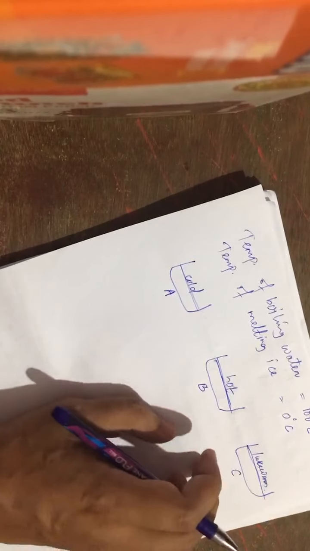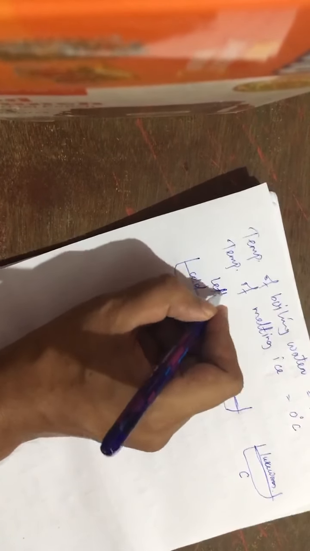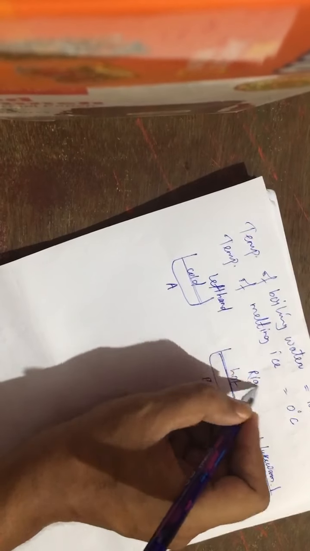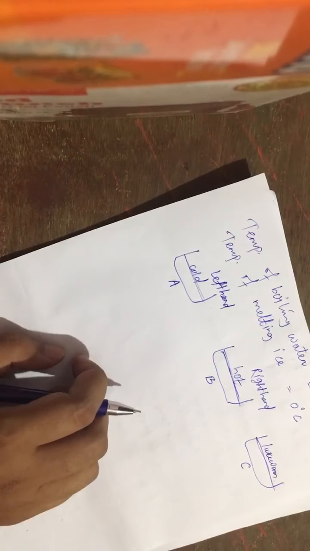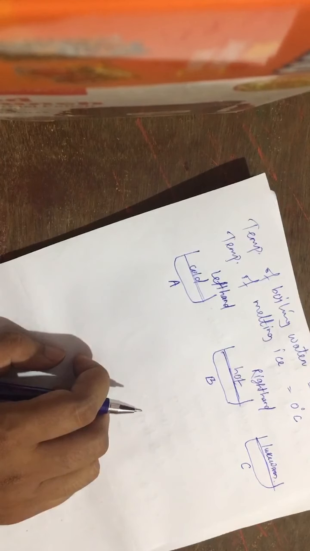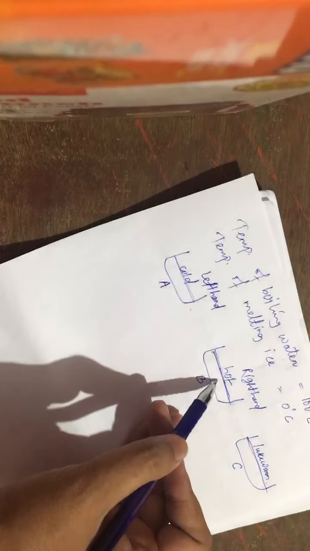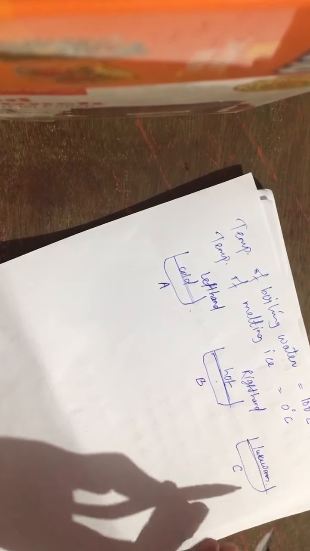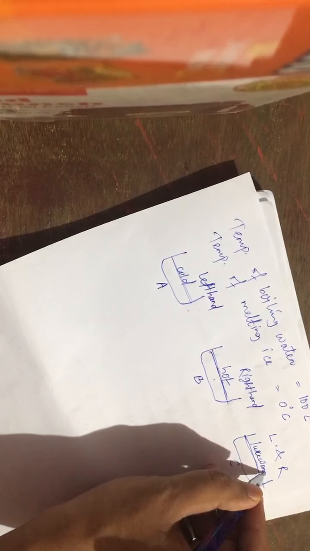In the activity, we dip our left hand in the cold water and our right hand in the hot water. Now take out these two hands from bowl A and bowl B and quickly dip both hands in the lukewarm water, left and right.